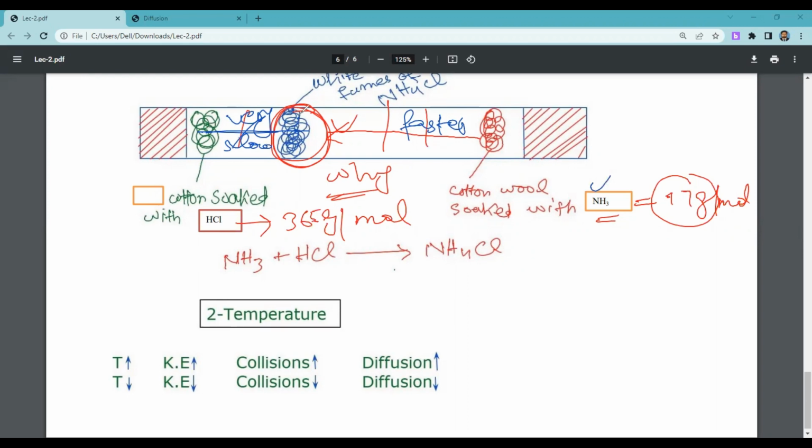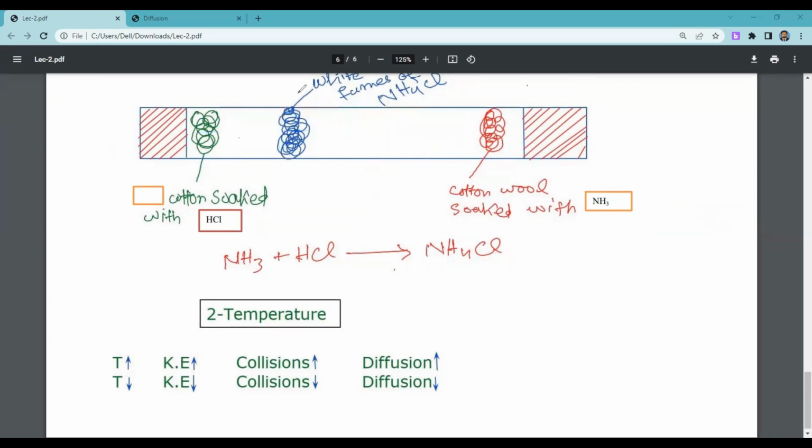Therefore, they meet each other at this point, and the chemical change occurs, and white fumes of NH4Cl are produced. These questions come in your P1 and both P2 exams. We will also practice these questions now.